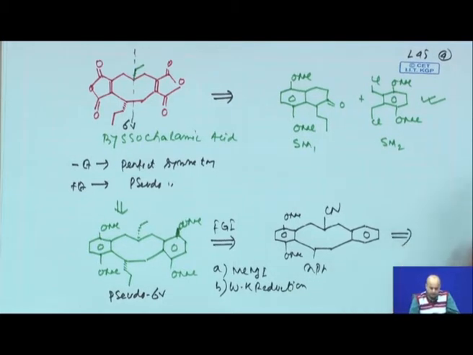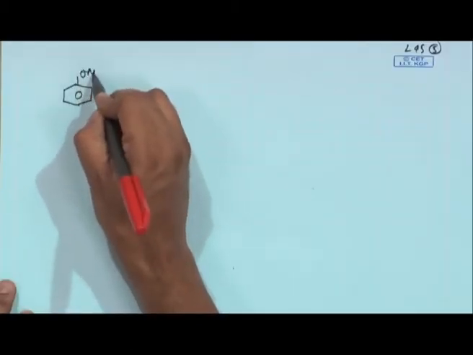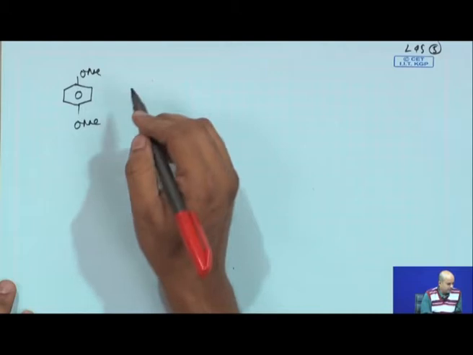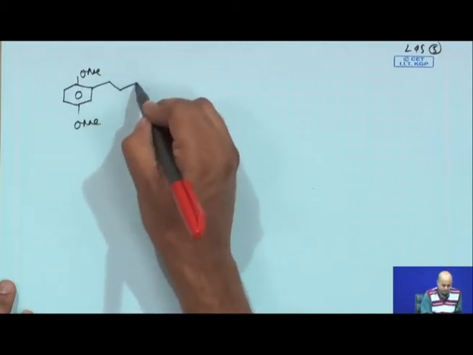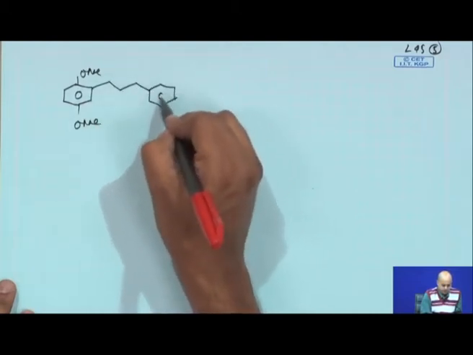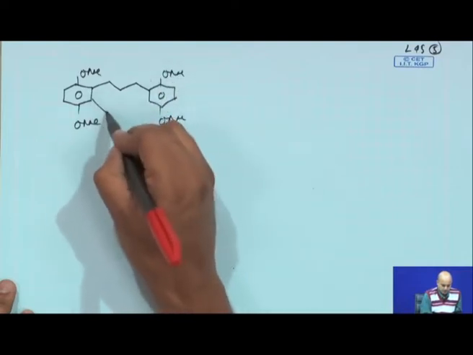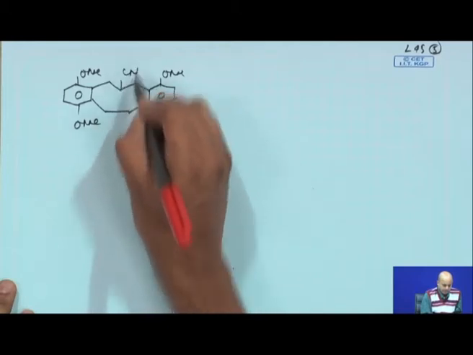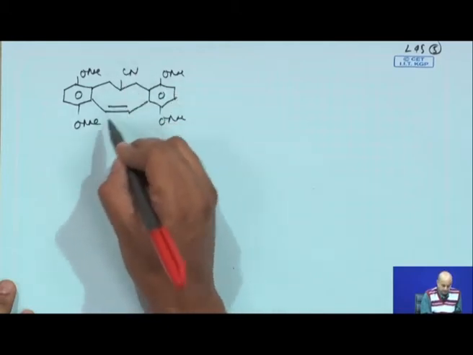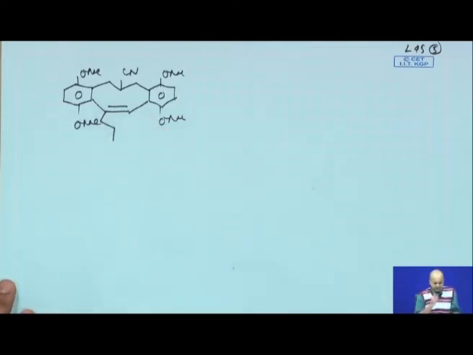So, now the next retro which I am now proposing is a bit different. All the other parts will remain similar. The two aromatic rings are similar, and then we are saying that this CN is there, and let us formulate this as a ring.